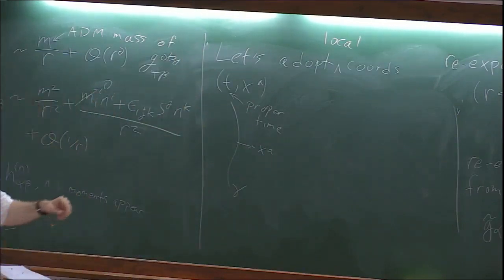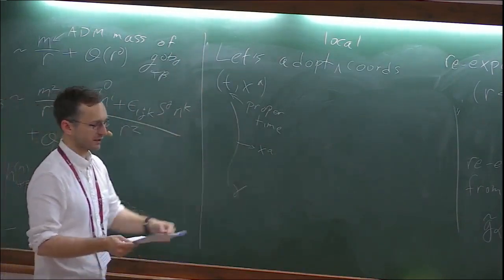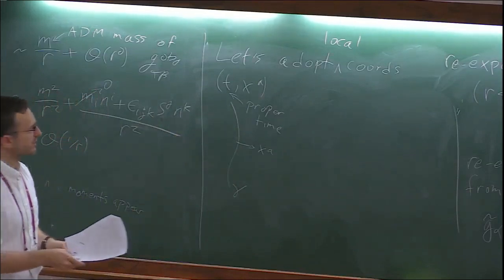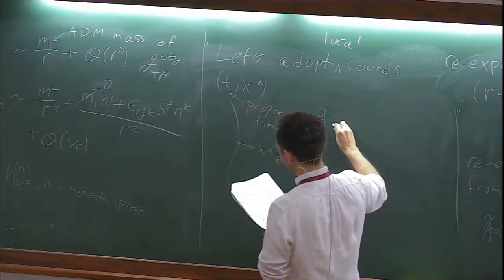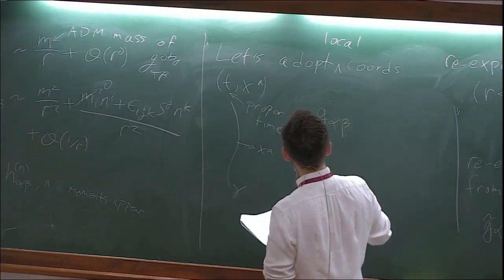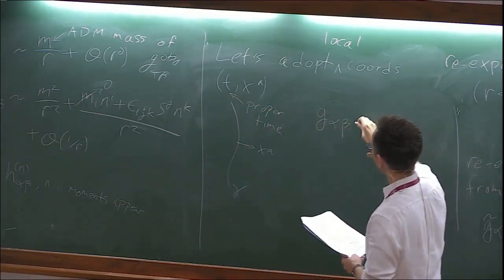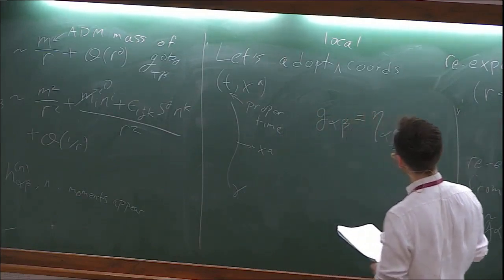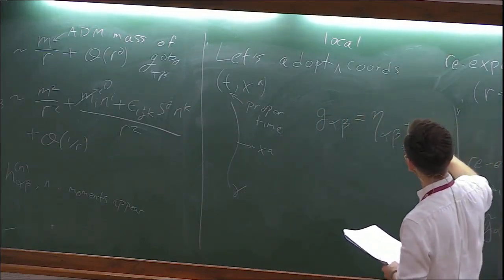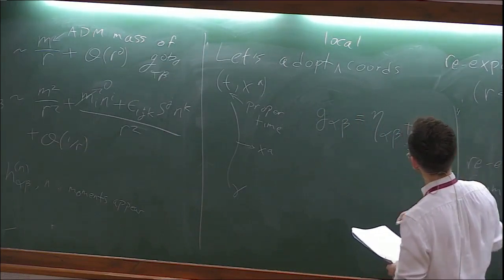I'm not going to go into detail of how you actually construct them and how you find the background metric in these coordinates, but the key thing is that the external background metric, G alpha beta, just looks like Minkowski plus corrections of size r.